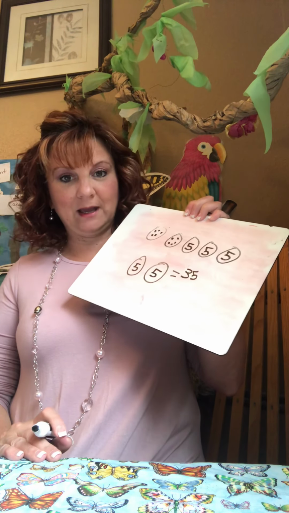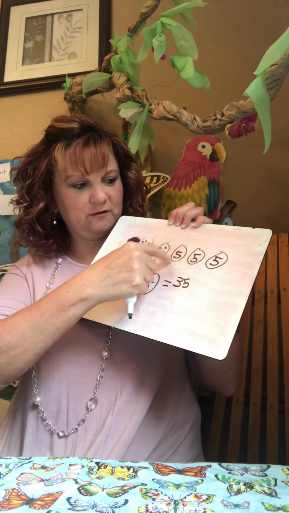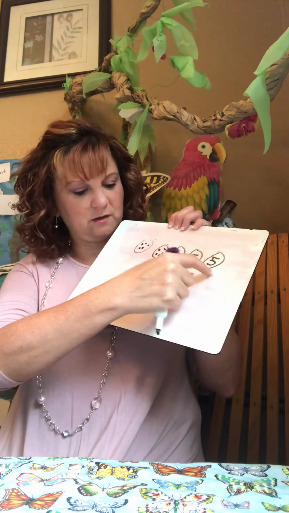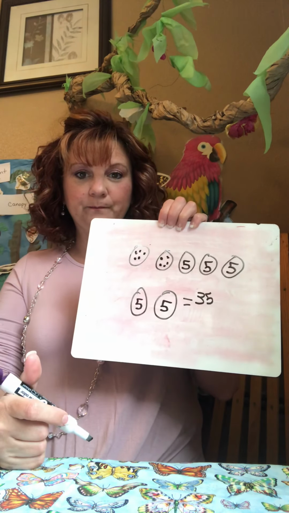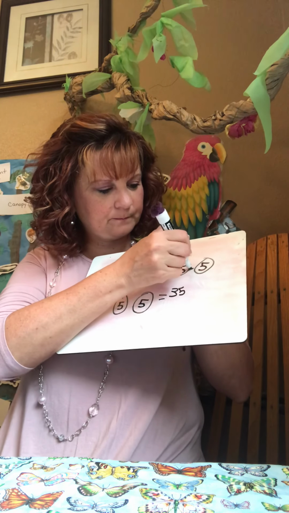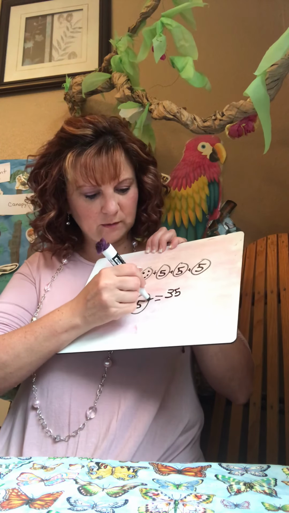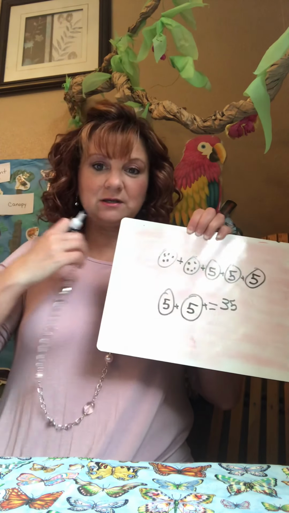Now you could make an adding equation. 5 plus 5 plus 5 plus 5 plus 5 plus 5 plus 5 equals 35. So I can just put my plus signs in there. Okay, that's one way to do it. Or, remember the multiplication sign?